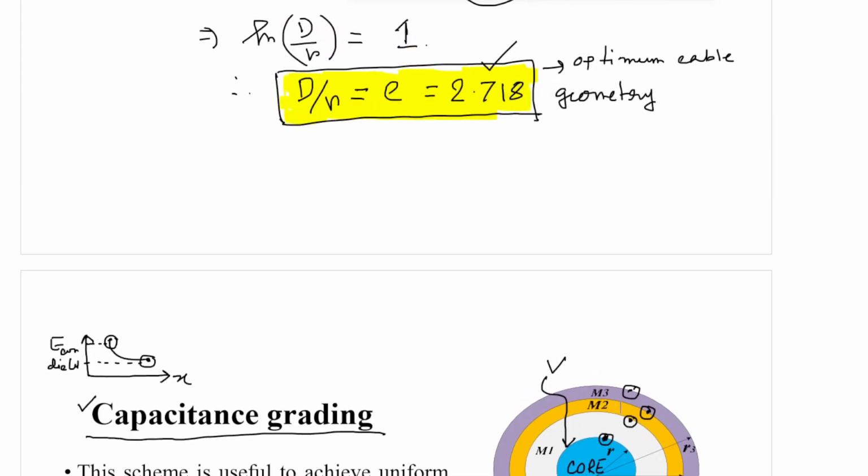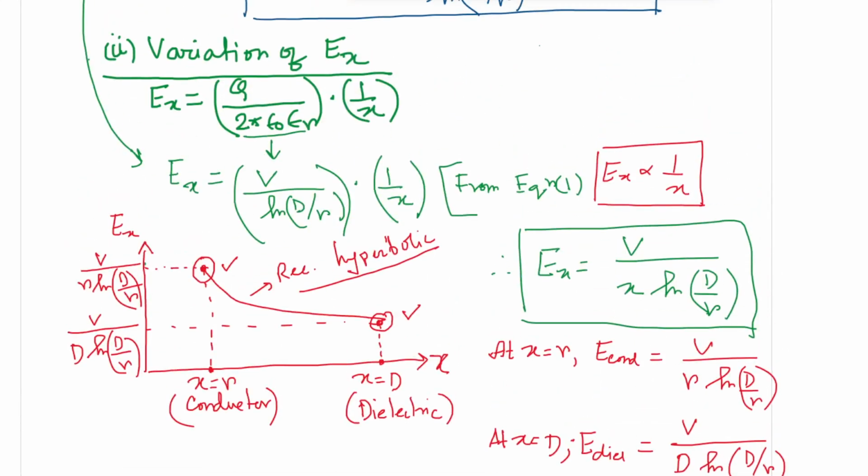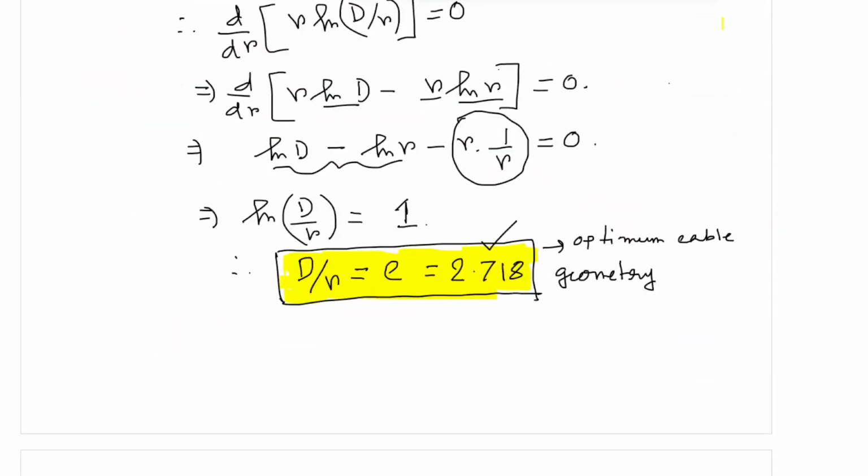Before proceeding, we require this expression which was derived previously, that is Ex is equal to Q by pi epsilon 0 epsilon r, then 1 by x.